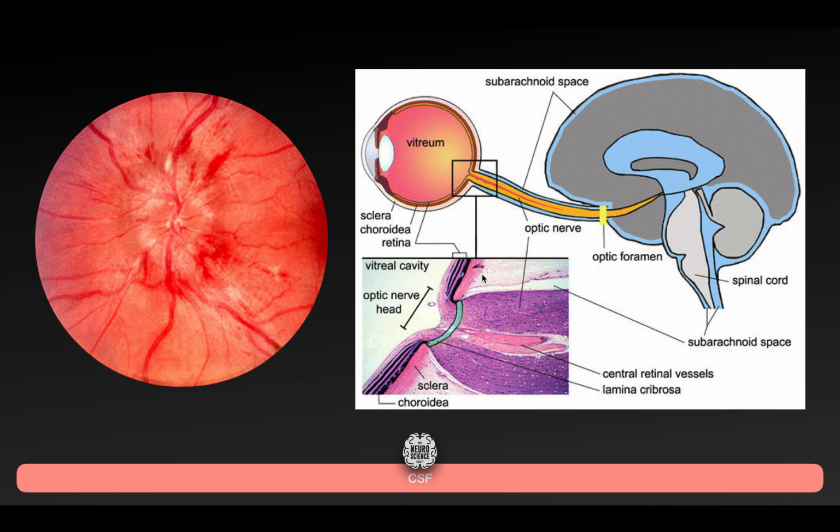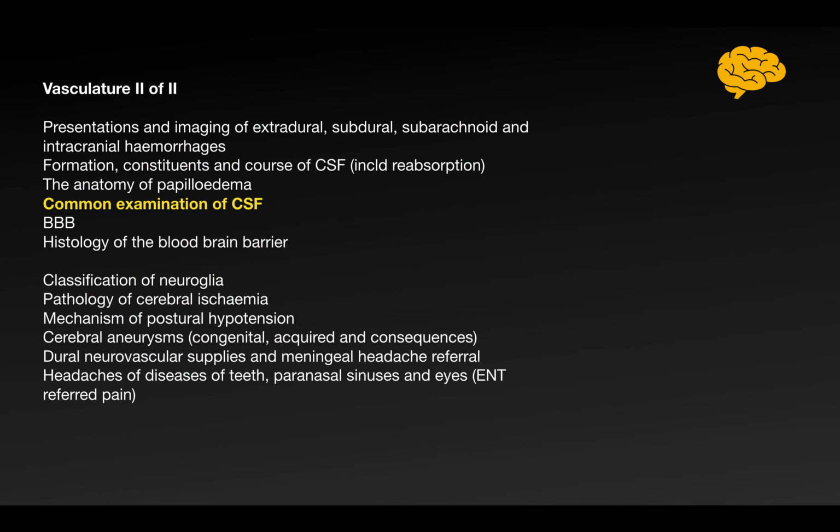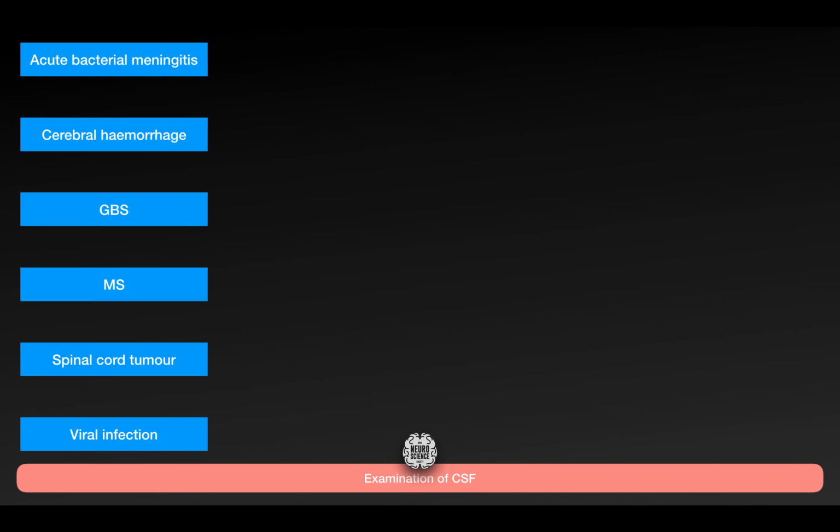You're going to get bulging of this optic nerve head, the optic disc. So here's our lamina cribrosa, which is where all the fibres come together and leave the retina to form the optic nerve. At this point, this will bulge when you have blurry disc margins and papilloedema.